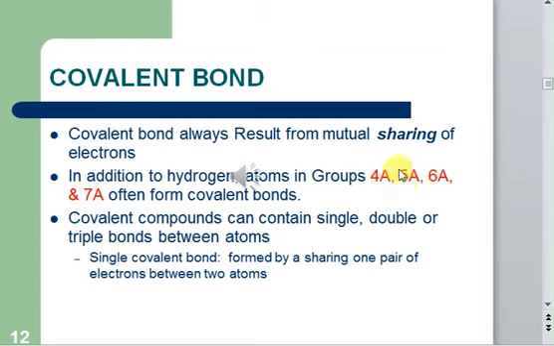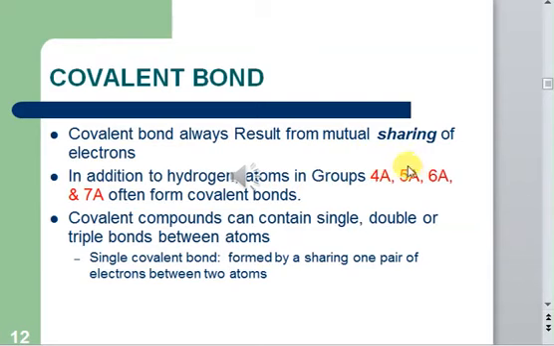Similarly, we have group number 5A. The 5A atoms have 5 electrons in the outermost shell, so they are missing 3 electrons. If they had to lose 5 electrons, that would be very, very difficult. They can gain 3 electrons, but it depends on what they are reacting with.